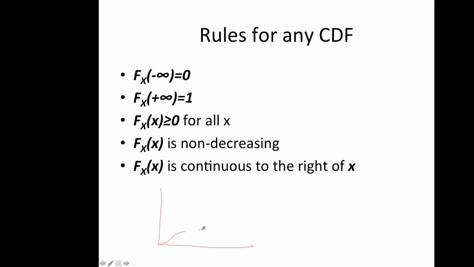So it cannot look like this, where we have it continuous or even stepped up to this point, and then it's undefined for this region, and then continues to be defined for additional values of x. This is unacceptable. We cannot have this for our CDF. So these rules are important to keep in mind, because any function that follows these rules can be a certified CDF.